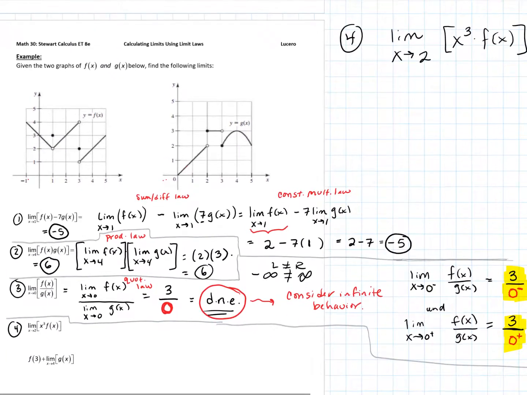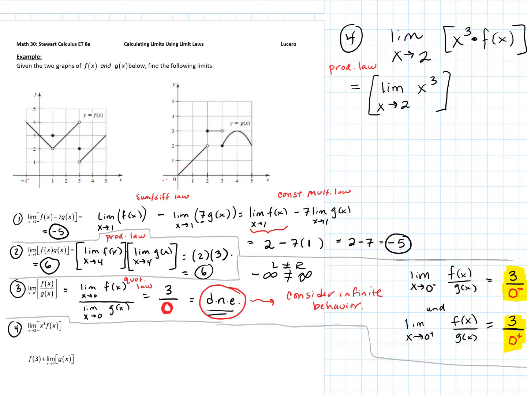So if we're looking at this and we want to take the limit of x cubed times f of x, well, applying the limit laws, I can start by applying that product law first. Applying the product law tells me that I can take the limit of x cubed as x approaches 2, and I can multiply by the limit of f of x as x is approaching 2.